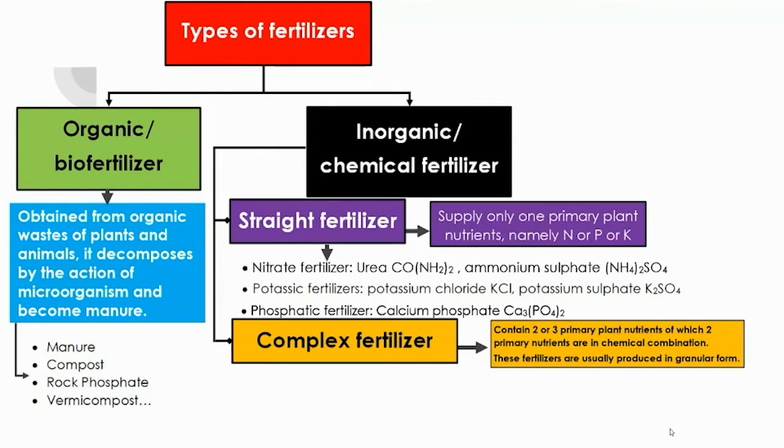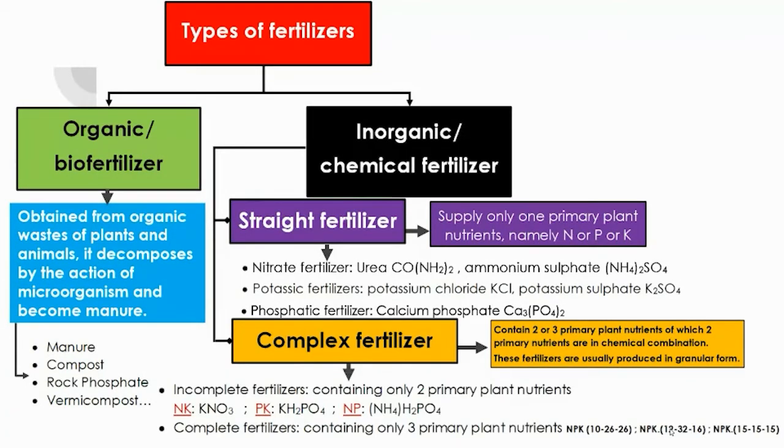And the complex fertilizer, we can call complex fertilizers or compound fertilizers. It refers to fertilizer that contains 2 or 3 primary plant nutrients in chemical combination. These fertilizers are usually produced in granular form.